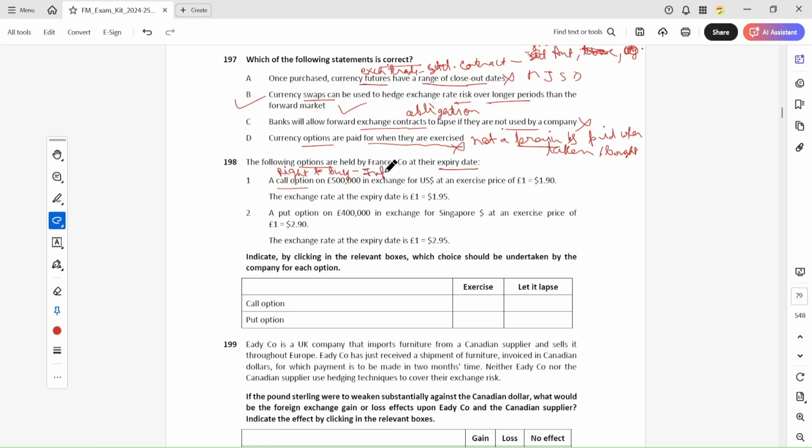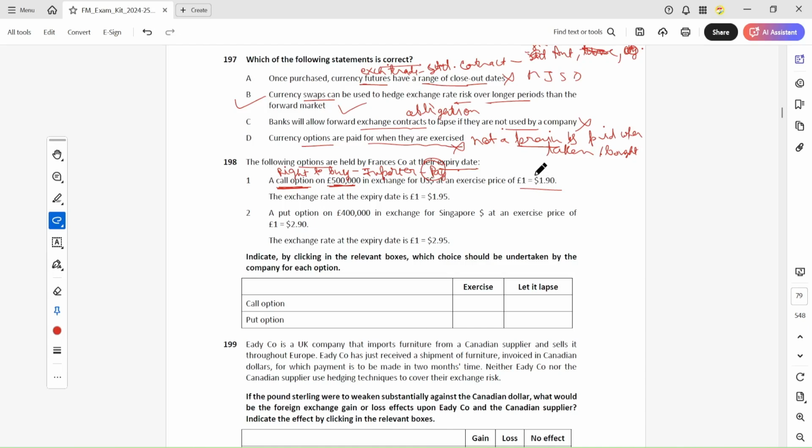This is used by an importer when they pay for the currency. So when they pay, they buy the call options. Okay, on 500 pounds, he has to pay at an exercise price.